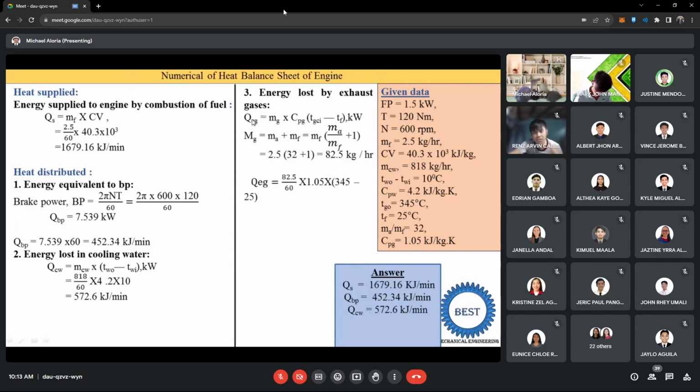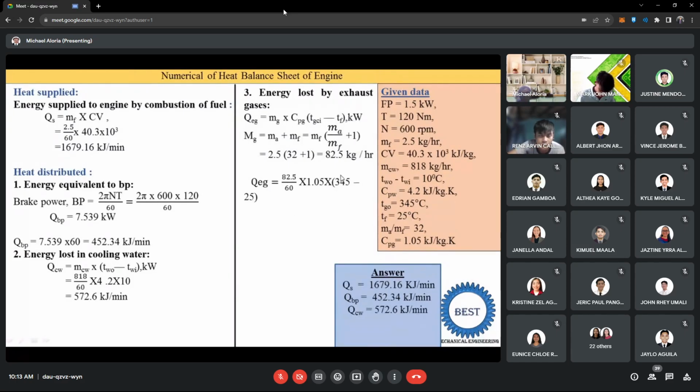Now we put this value in the equation of QEg. So mg is equal to 82.5 per hour, so again we need to divide it by 60. CPG is given as 1.05 kilojoule per kg Kelvin, and the temperature of exhaust gas is 345. This temperature of exhaust gas is directly supplied to the calorimeter, so it is by default the input TGI. The atmosphere temperature is 25.